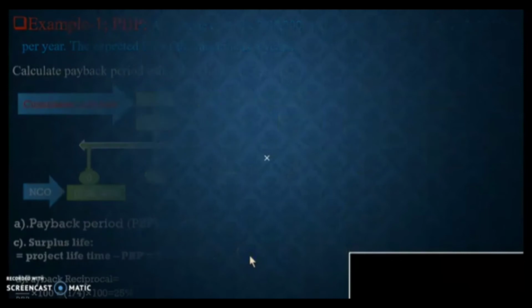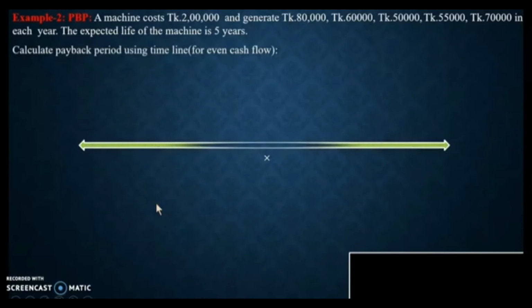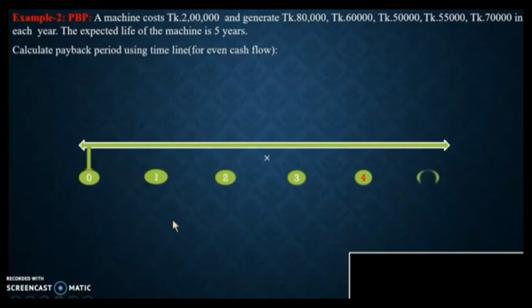We also have another example for uneven cash flows, and we calculate the payback period using a timeline. Dear students, look at the timeline. Year 0, 1, 2, 3, 4, 5.